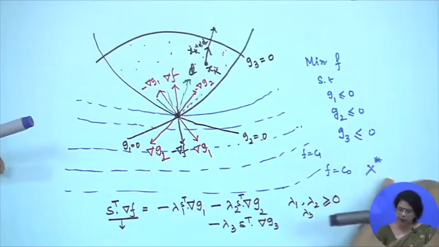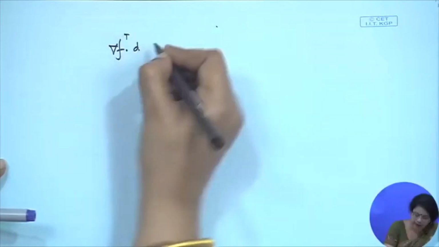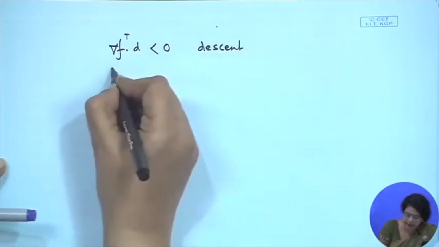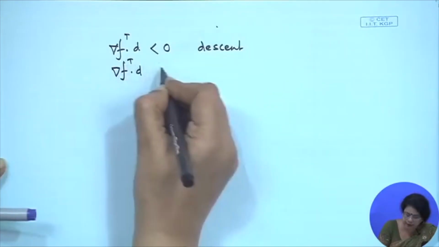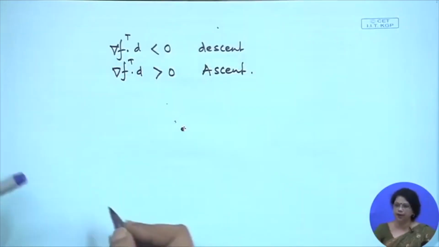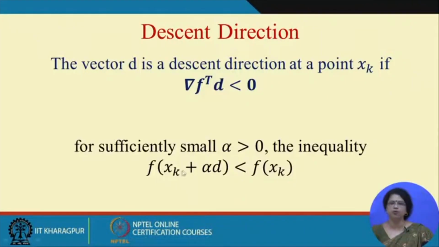That is why we need to understand that grad f dot d less than 0 is the descent direction. Similarly, grad f dot d greater than 0 is the ascent direction. Okay? We need to remember these two things together. Now, if I move further in the descent direction, we will see the functional value decrease further and further.